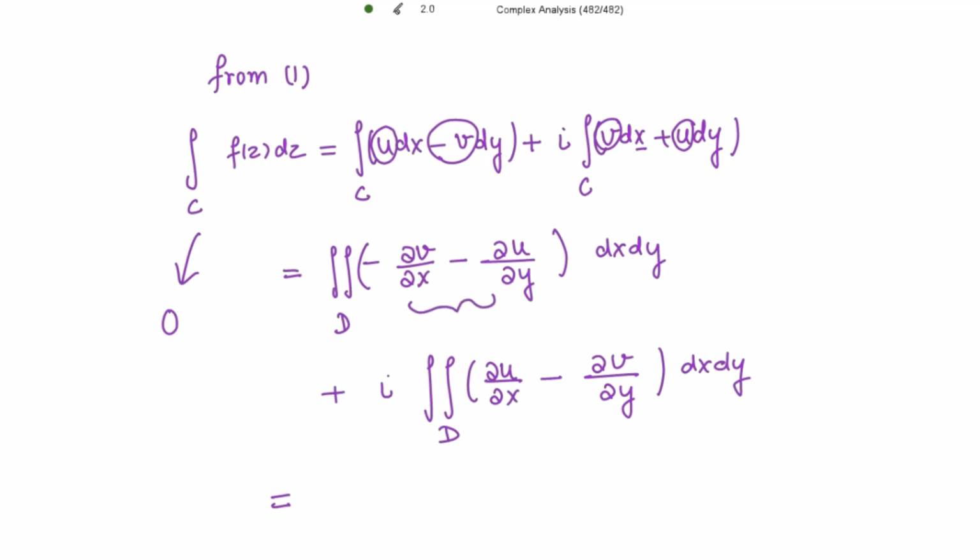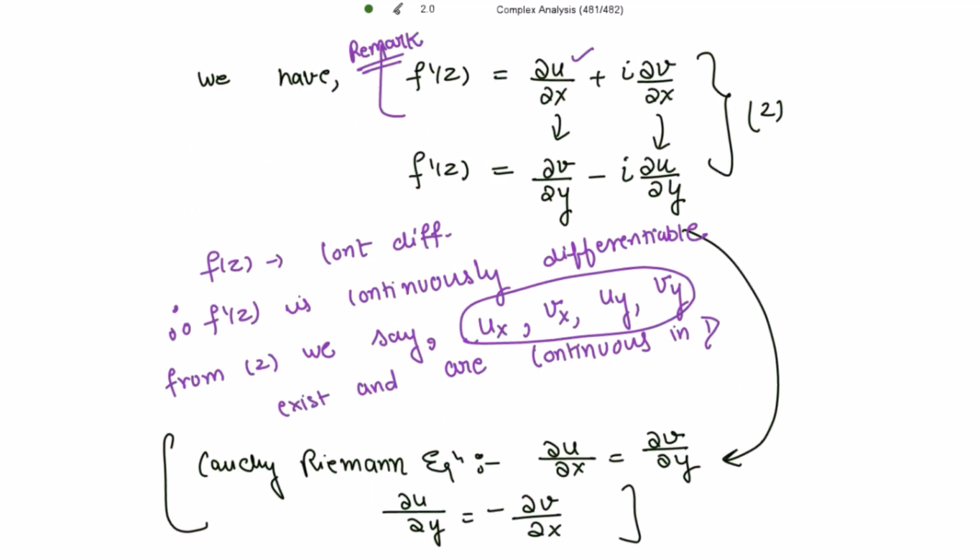Okay, because I need to get the answer 0, and these two are not the same, I am going to use the Cauchy-Riemann equations so that these two cancel out, right? So it is the double integral of the partial derivative of v with respect to x as it is. What is the partial derivative of u with respect to y by the Cauchy-Riemann equation? The partial derivative of u with respect to y is the negative of the partial derivative of v with respect to x.